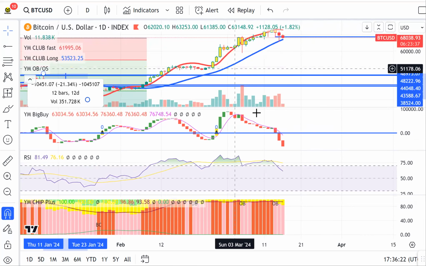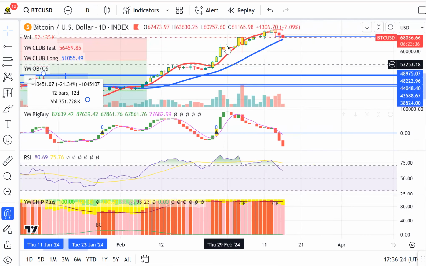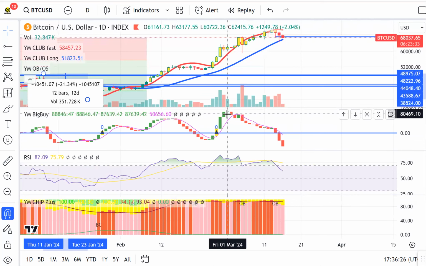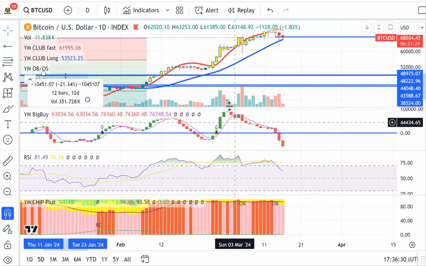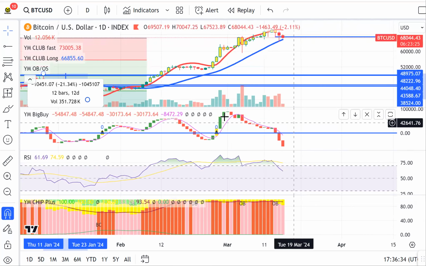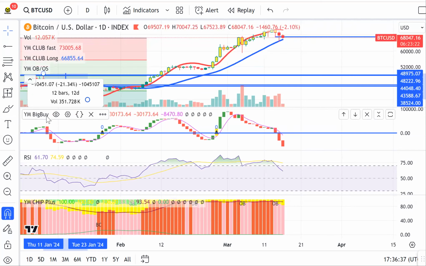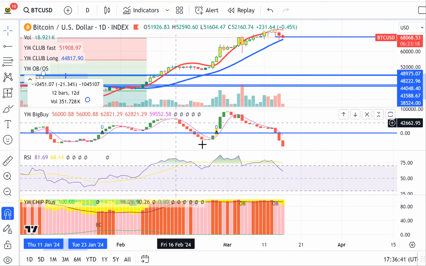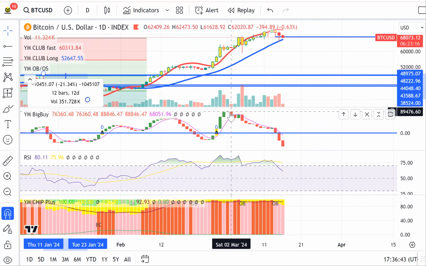You can see what's going on. Although they go above the red line, since basically March 1st, you can see here the big volume trade is mainly selling. YM Big Buy tells you, for short term, the big volume trades. Red is to sell, green is to buy.